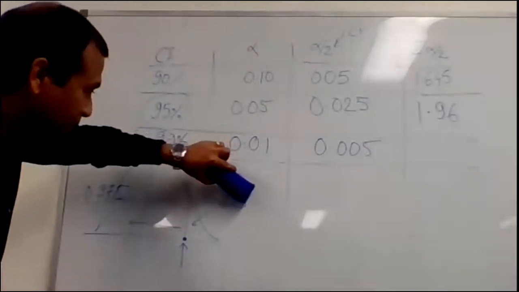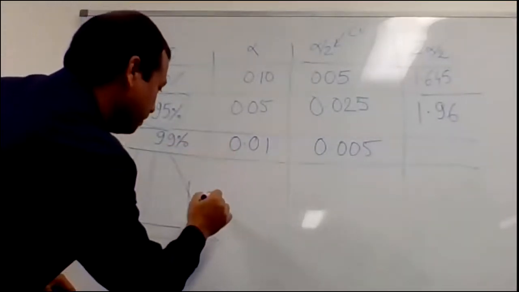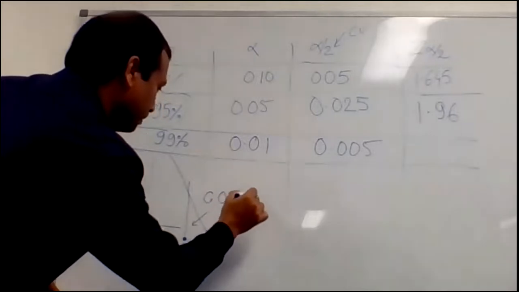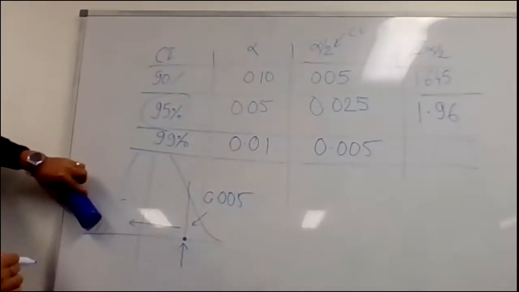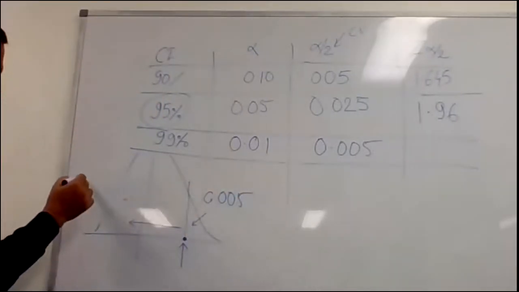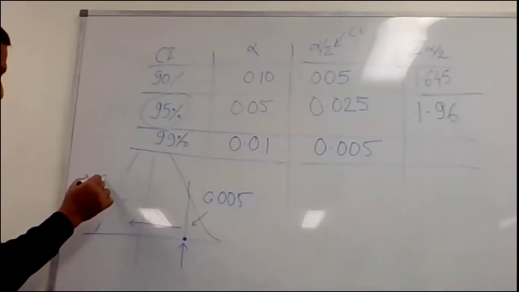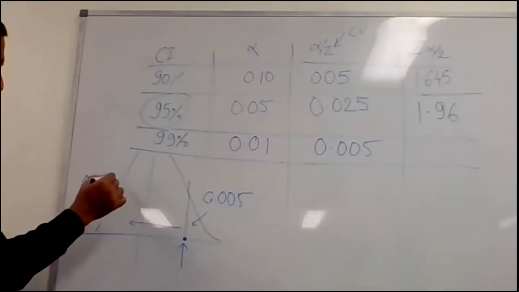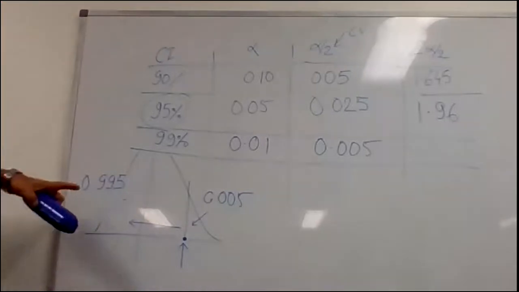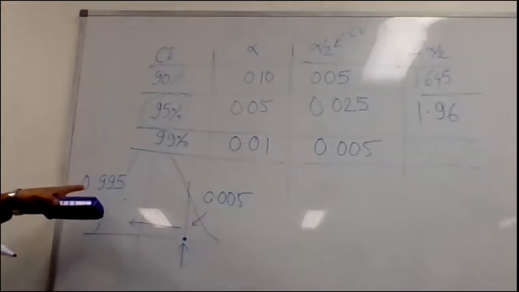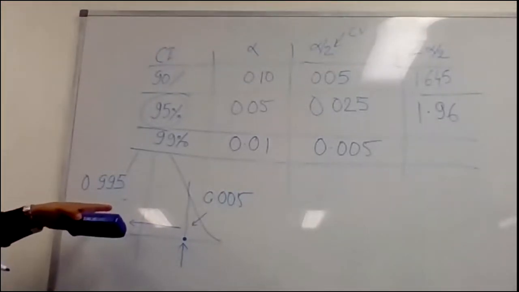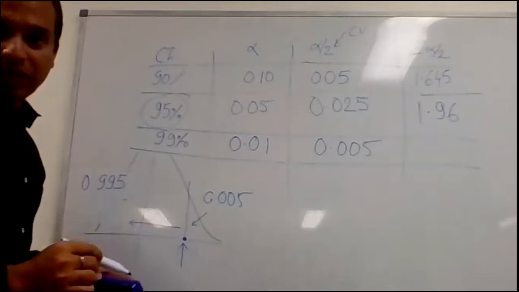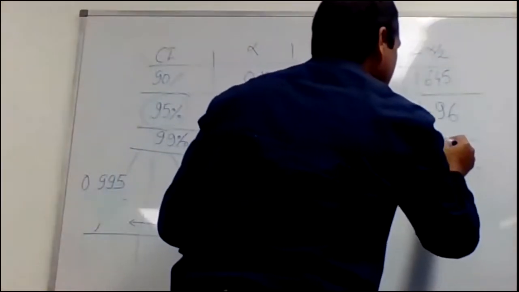If this area will be 0.005, find out the Z-score value. So it will be 0.995, right? Yes. Find out the Z-score value corresponding to 0.995. 2.57. You will get 2.57.